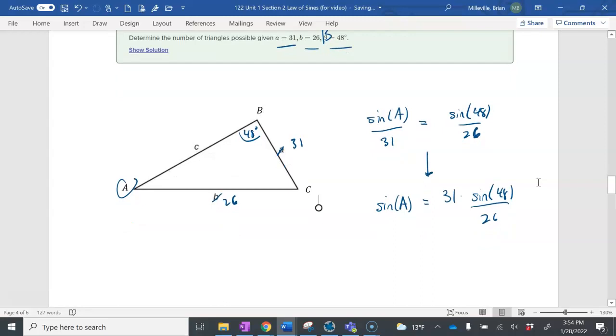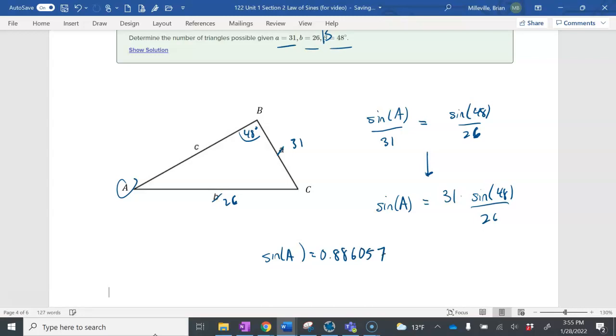Now we will use a calculator to compute that and then use the inverse sine to determine the corresponding angle. Doing that on the calculator, sine of A, if you do the calculation on the right hand side, gives you 0.866057.